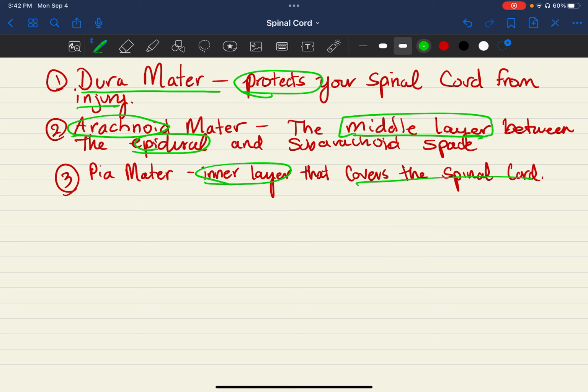All right, so sometimes the provider needs to insert a needle into the subarachnoid space to test the CSF for certain infections, okay? So this procedure is also called the spinal tap. So both the epidural and the subarachnoid spaces provide extra shock absorption for your spine.